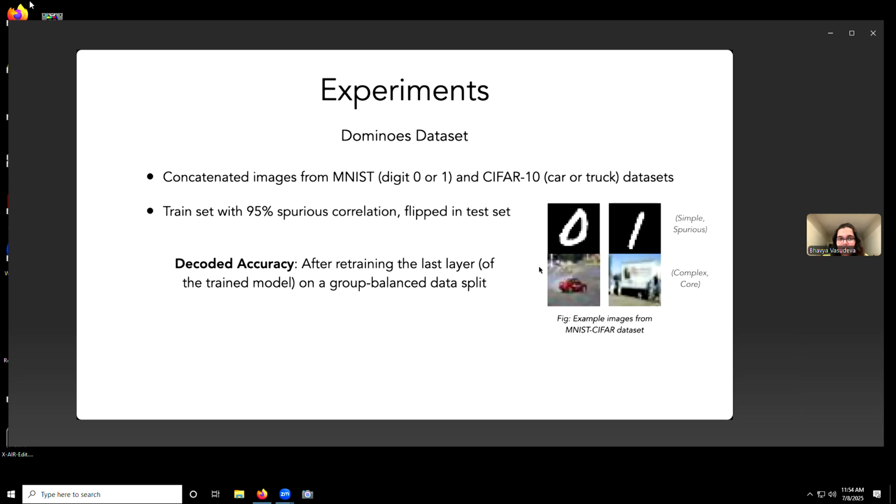And the train set has 95% spurious correlation, which is flipped during the test set. In this case, we evaluate the decoded accuracy, which is where we first train the model on the train set and then retrain the last layer by fixing the rest of the model. And for this retraining, we only use a group balanced data split.